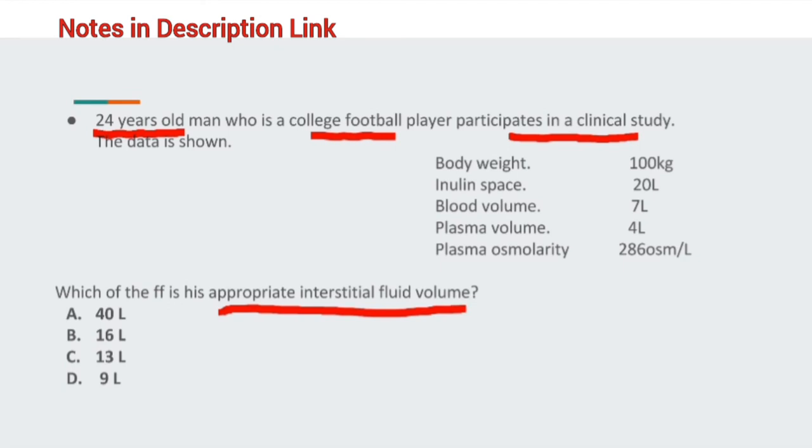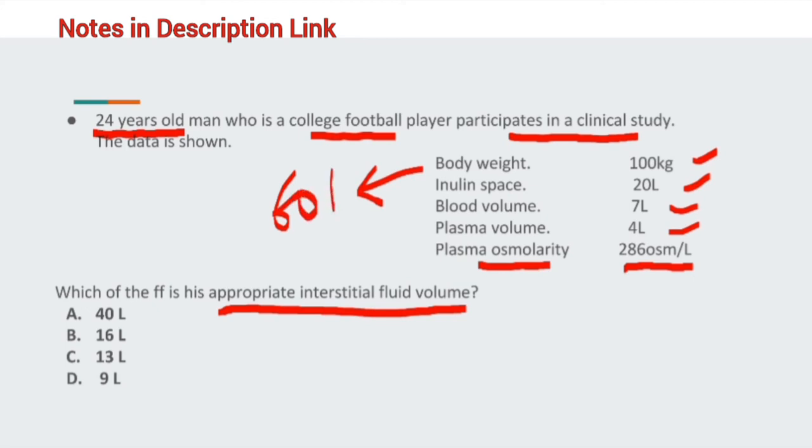His body weight is 100 kg, inulin space is 20 liter, blood volume is 7 liter, plasma 4 liter, and the plasma osmolarity is 286 milliosmol per liter. So the body weight is 100 kg. It means that his total body fluid is 60 kg or 60 liter. And inulin space is given.